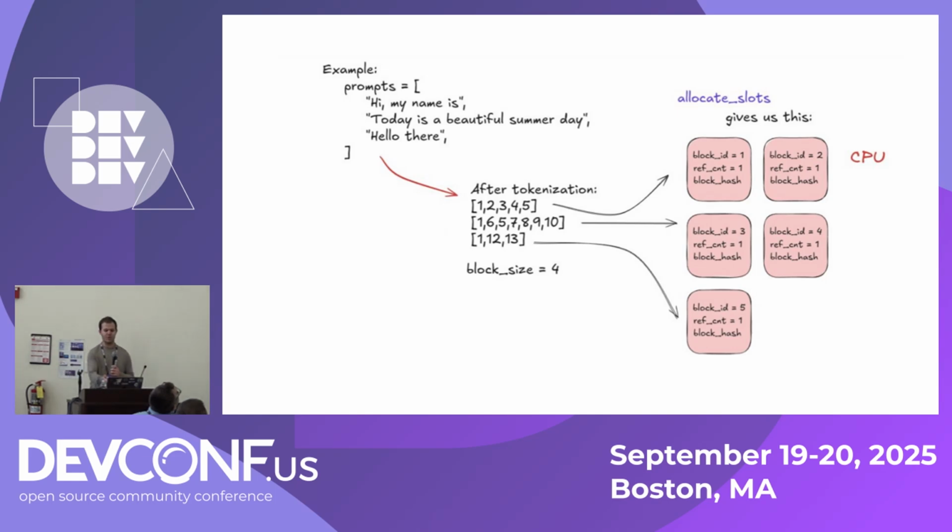For instance, request 1, which has tokens 1, 2, 3, 4, 5, maybe we'll get 2 blocks. The first 4 tokens will get mapped to block 1. The 5th token will get mapped to block 2. So on the scheduler side, we take the requests, allocate blocks, remove them from the free table, and then map individual tokens into those blocks.